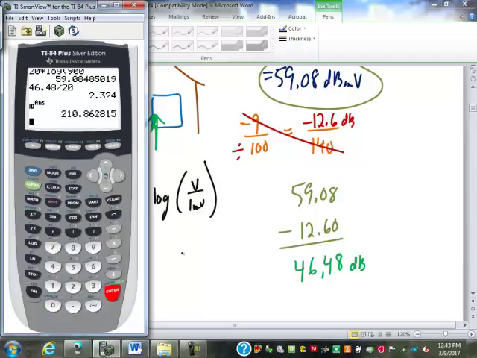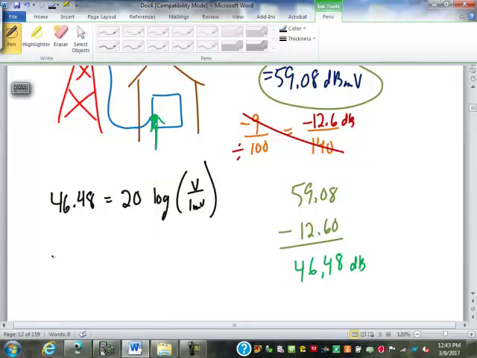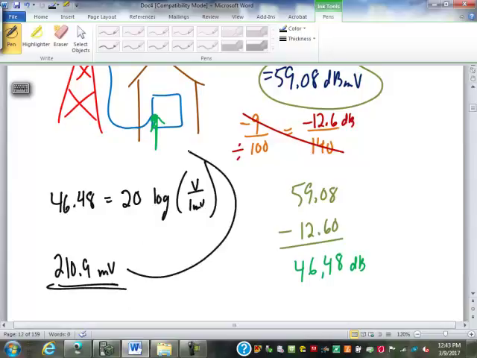All right, 210.86, 210.9. That is millivolts. So that is the signal that reaches that station. And that really is the easiest way to calculate signal losses.